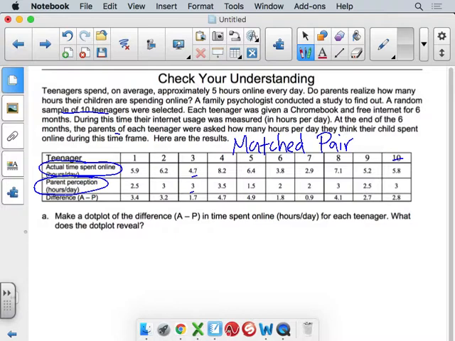That would be matched pairs. I'm comparing you versus you. So this is comparing what we thought versus what actually happened, but it's the same kid. The experiment is on the same kid for both of these. So that's matched pair, when it's the same thing or person being experimented on.